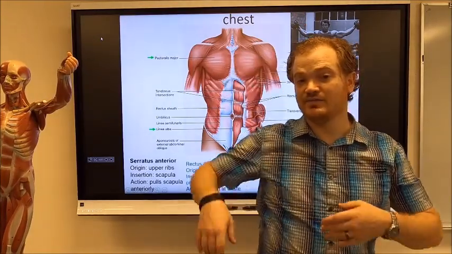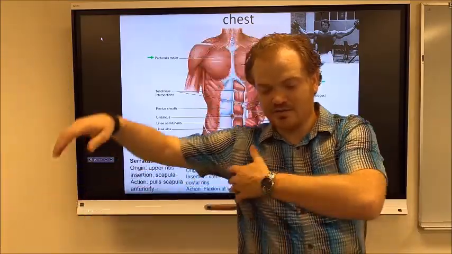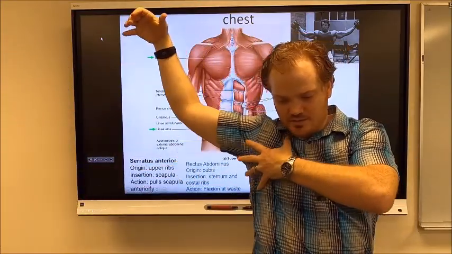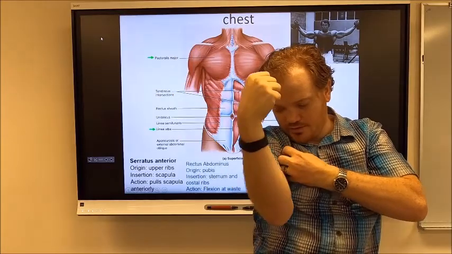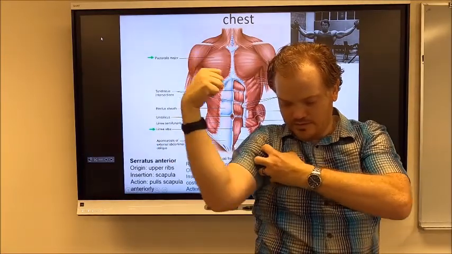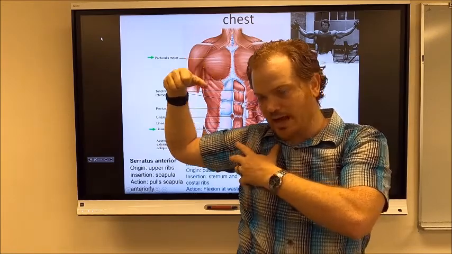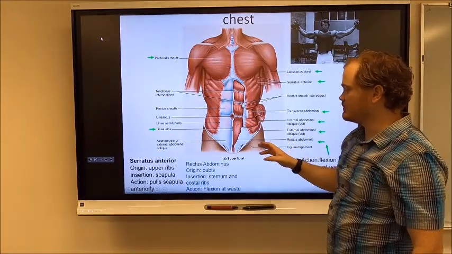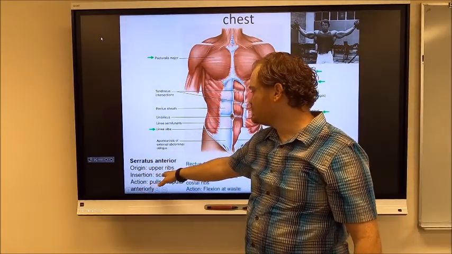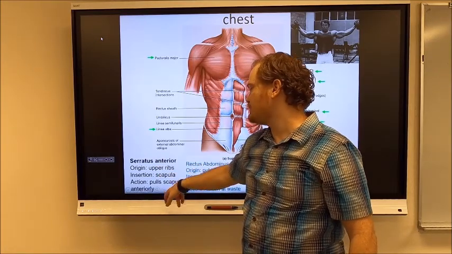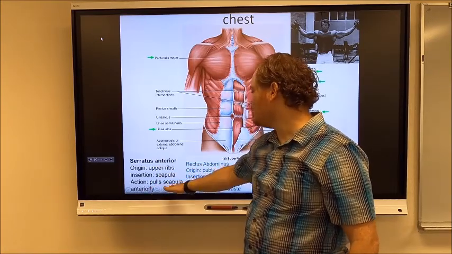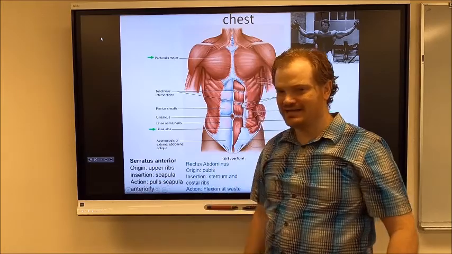And the idea is that when this muscle contracts, imagine it contracting and pulling the arm in. As it flexes, it pulls the arm in, and when it relaxes, the arm can go back out. The serratus anterior muscles have an origin on the upper ribs. Their insertion is on the scapula, and their action is to pull the scapula anteriorly.